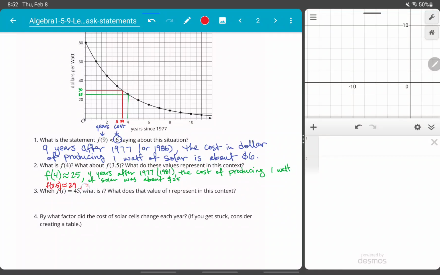It means 3.5 years after 1977. So that's still 1980. 1980. The cost was $29.